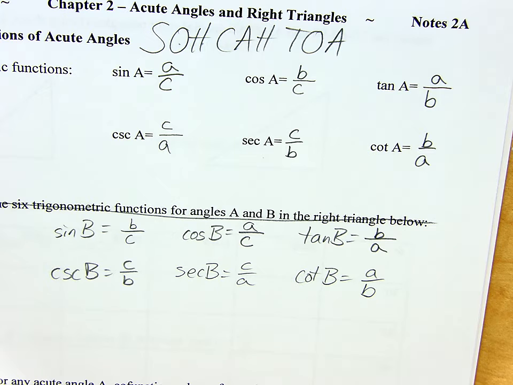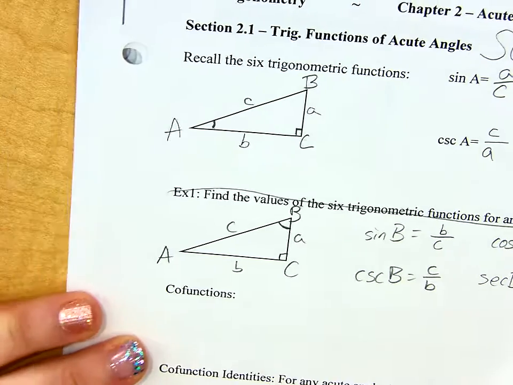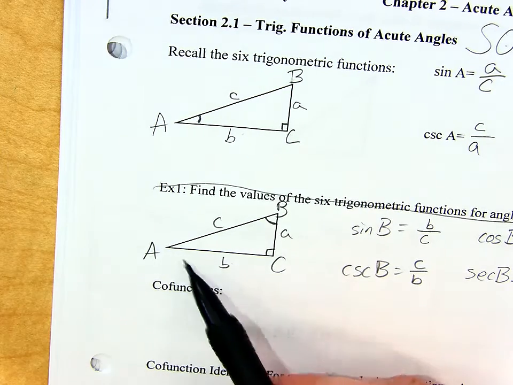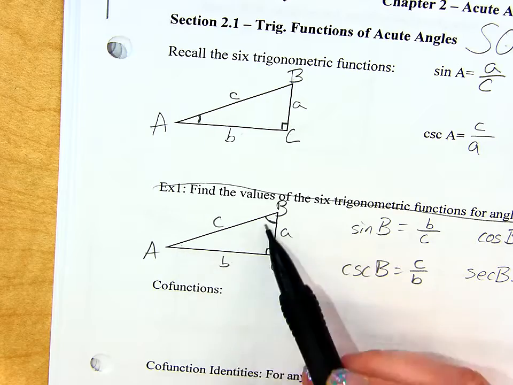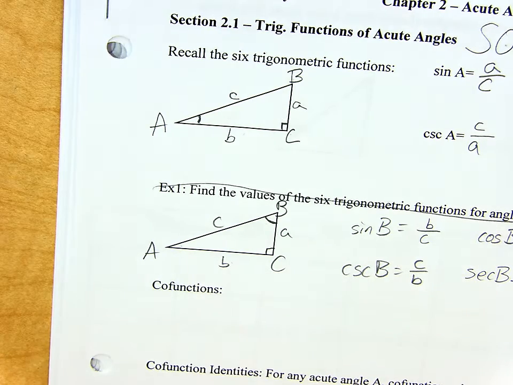Okay, so what's the deal with angles A and B? Let's start there. What must A and B, what are they to each other? Do they have any relationship with each other? There is a vocab word that we use to describe their relationship.